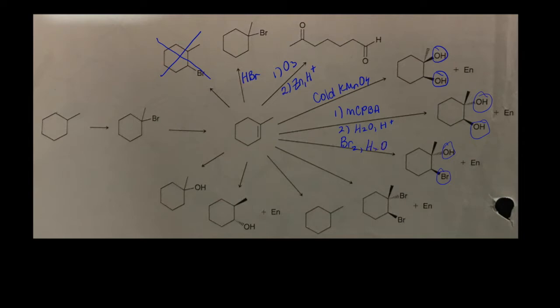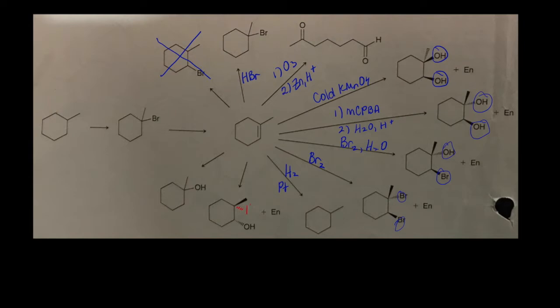Here we have a vicinal dibromide, anti, and bromine does that. Here we're erasing the double bond. That would be hydrogen with maybe platinum as a catalyst. Here it's hard to see, so what you need to do is add in the group here.